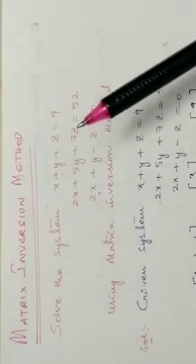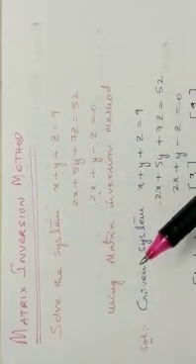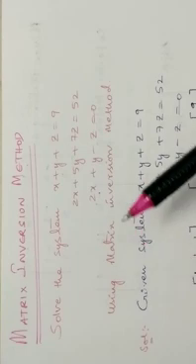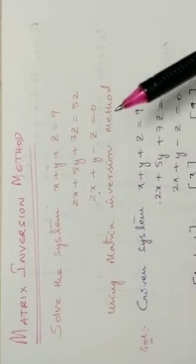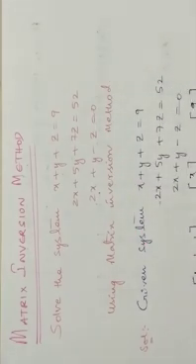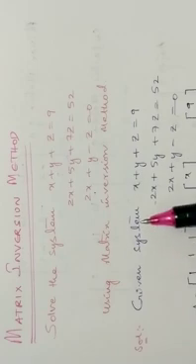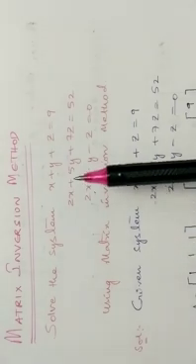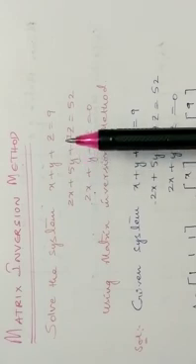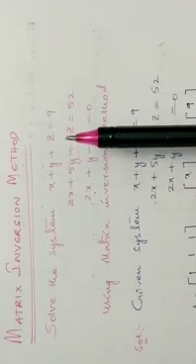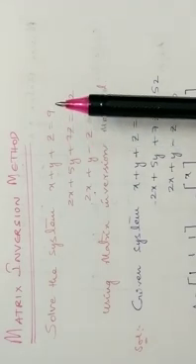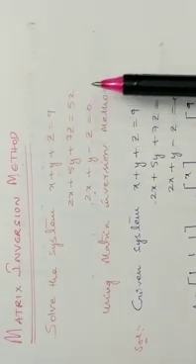Solve the system, particularly mentioned using matrix inversion method. As I said, before starting the problem, check whether X, Y, Z are in order and the other side you should have constants.